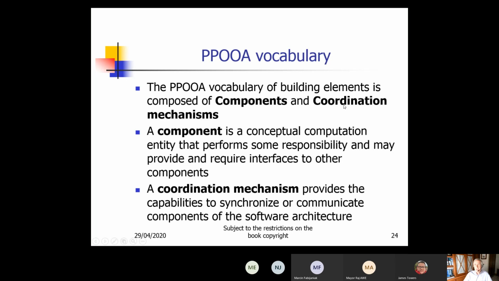And also we have coordination mechanisms, which are the mechanisms that support the communication of processes. For example, in real-time operating systems, typically semaphores, buffers, mailboxes, all these things are what we call coordination mechanisms that provide capabilities to synchronize or communicate processes.